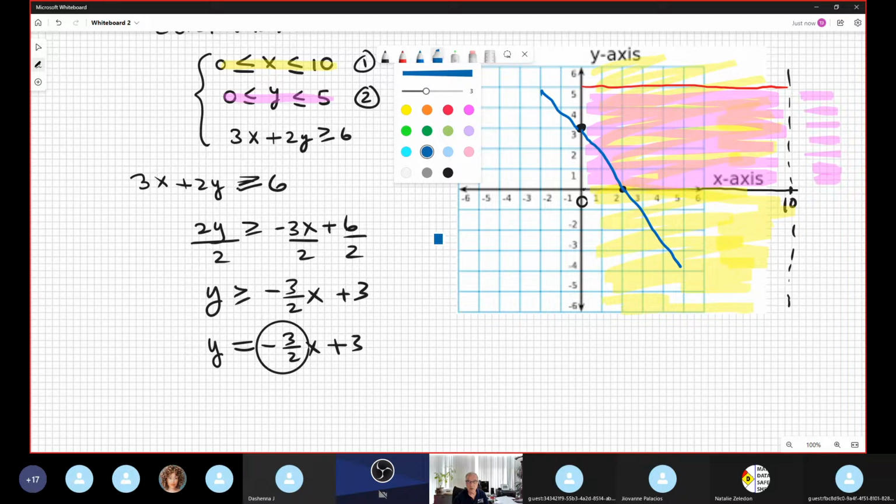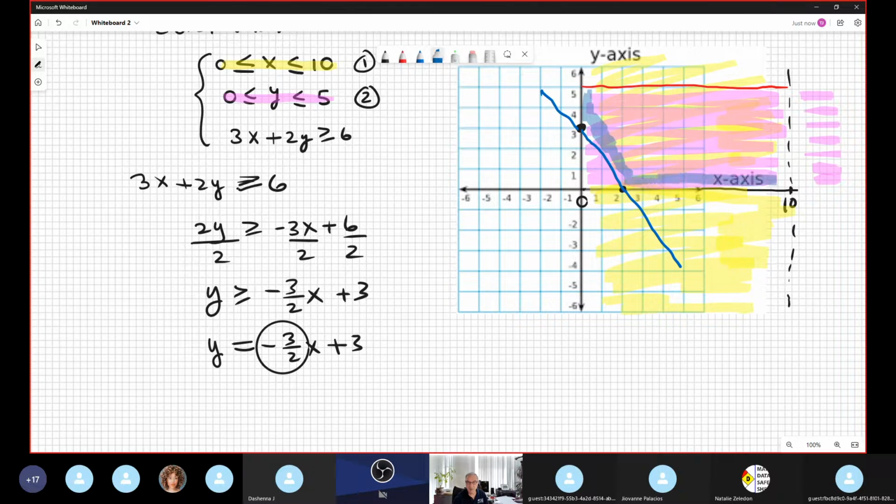So now, when I shade using the blue color, this is the part, but I need the intersection with the other part. So basically, we get something like that. We got this polygon that contains 1, 2, 3, 4, and 5 vertices. A pentagon. This is my feasible region.